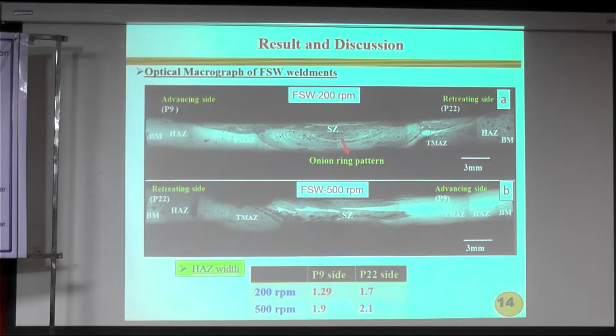Since there is a significant difference in the thermal conductivity, the heat flow is also disturbed. That is why on the 2.25 chrome 1 moly side, the heat affected zone size is increasing. That one we have noticed. In addition, with increasing RPM, the heat affected zone size also increases because of the different thermal cycle experienced with respect to RPM.